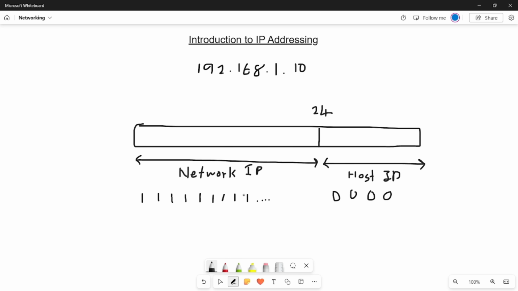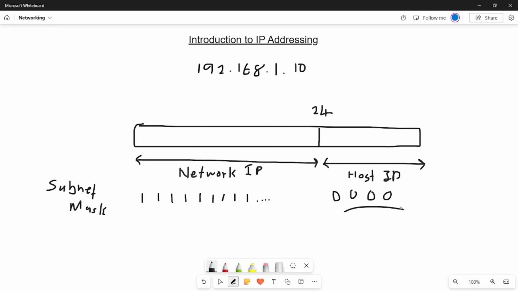So basically the subnet mask says which bits we use for our network. This part indicates these bits are used for our network, and this host IP part indicates, okay, you can use these bits for your host machines.